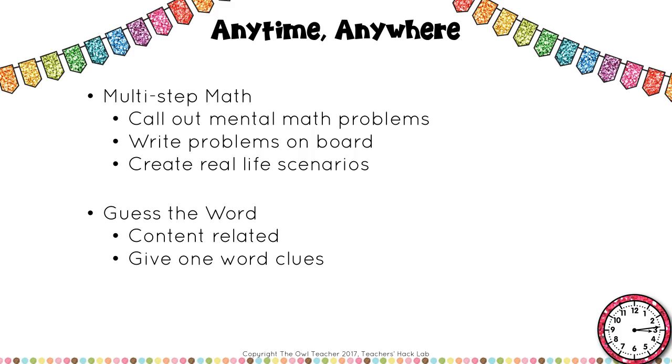So they might say reptile, backbone, mammal, stand up. That was 2 words, but my point is they say different words, 1 word at a time, until somebody guesses that it's vertebrae, or whatever the word may be that you choose.